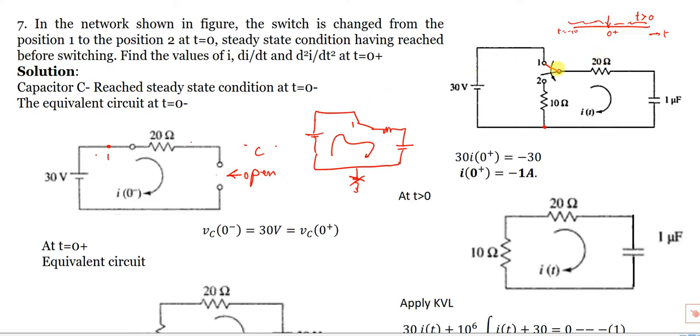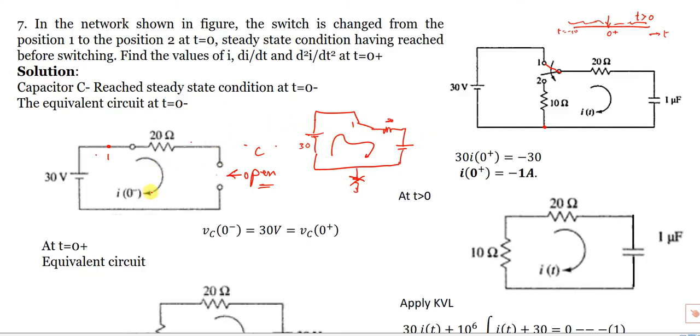Still switching has not happened; switching means from 1 to 2. So before that you have to consider this as t minus. In that position we have the circuit with 30 volts, then 20 ohms, and the capacitor acting as an open circuit, since the capacitor is already charged to 30 volts.